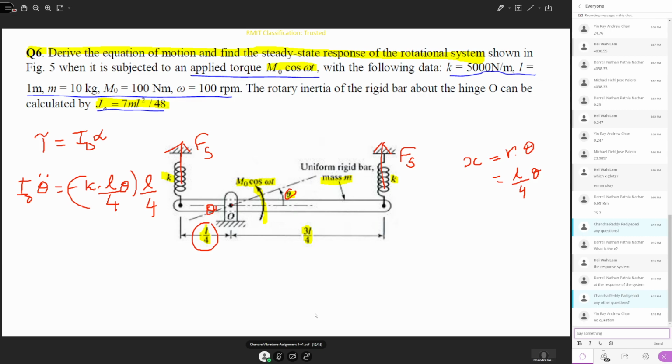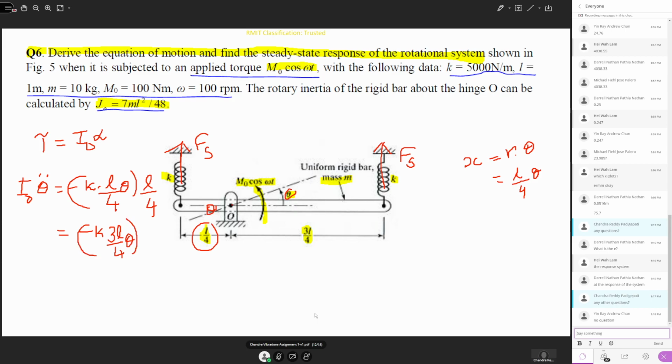So you can write minus again K into 3L by 4 into theta. This is the spring force K into X.